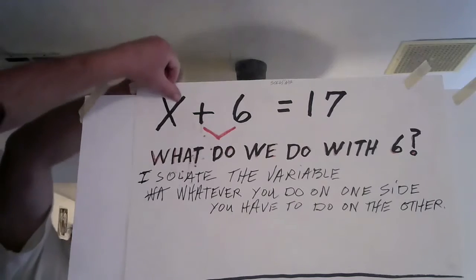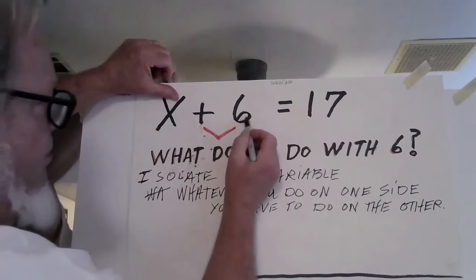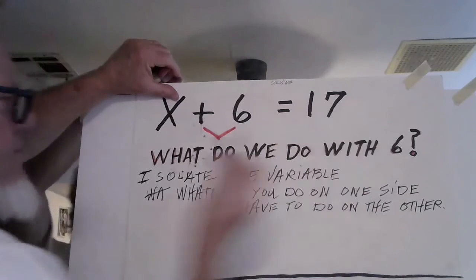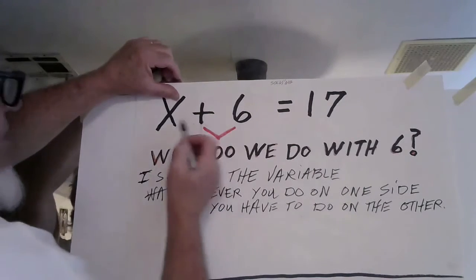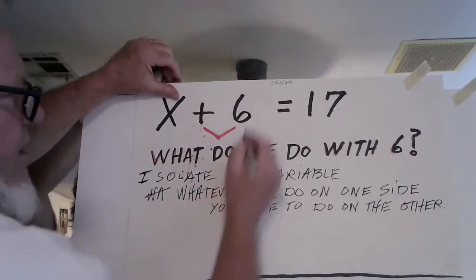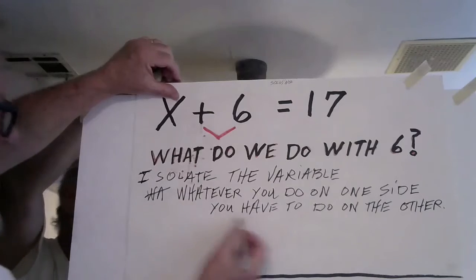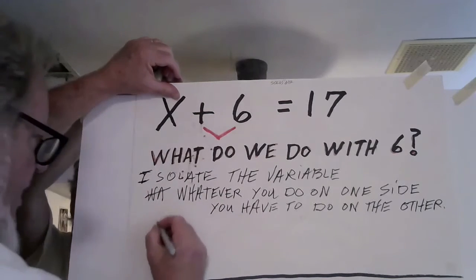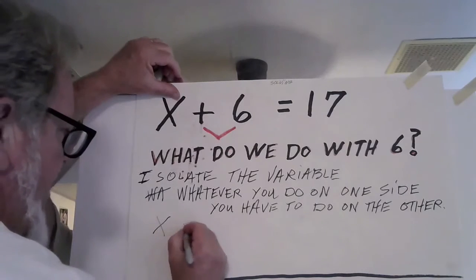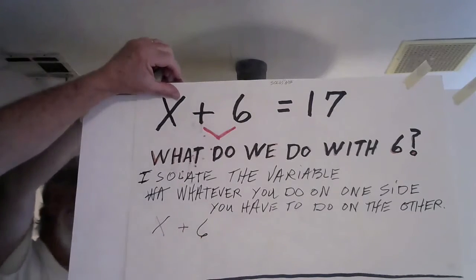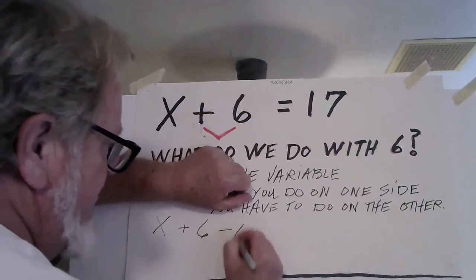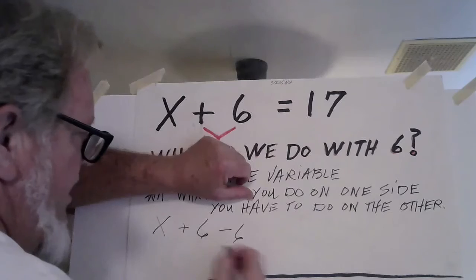So in order to isolate the variable, I'm going to move the 6. I'm essentially going to move the 6 to the other side, but here's the deal. To get rid of 6 on this side, I have to subtract 6. So I'm going to rewrite the problem down here. x plus 6, and then I'm going to put minus 6, and equals 17.